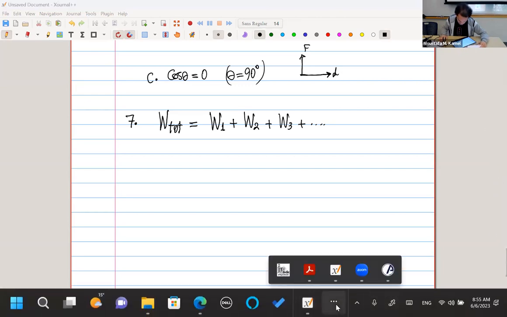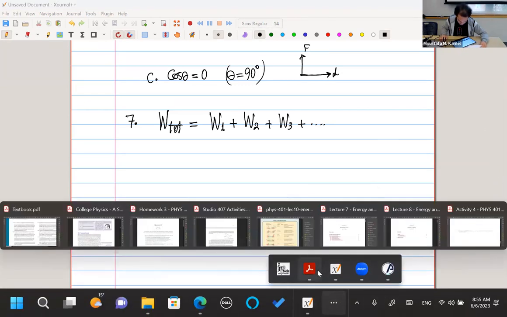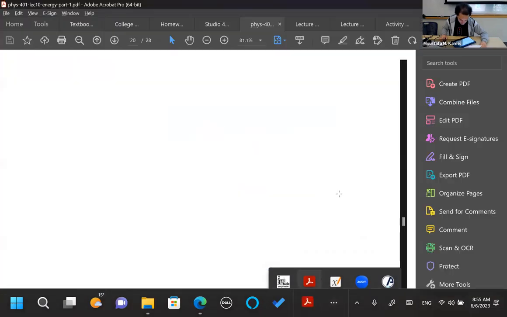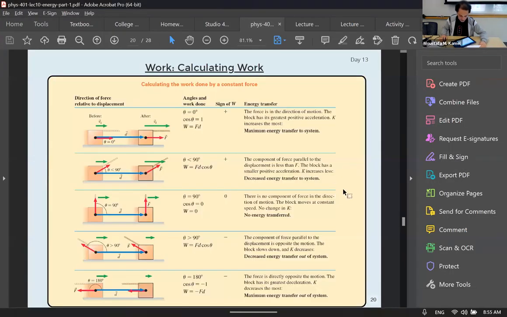Okay, let me share with you a graph for this that summarizes. Yeah, so this graph summarizes what we discussed. It will be in the lecture notes. I just wanted you to see it in a compact way. So these are all scenarios that can happen. The first picture here is when the force is in the same direction as displacement. Second picture is a tilted angle, but still the force is pushing along the direction of displacement.